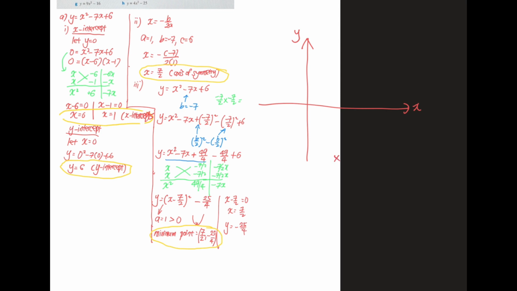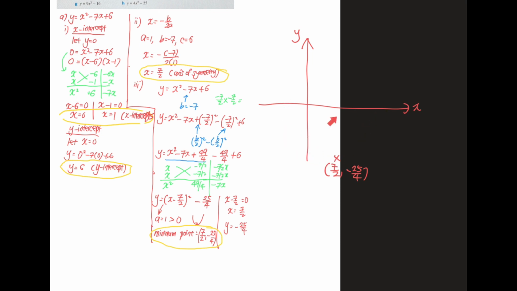So it is around here. Now let's mark it down as the minimum point, 7/2, negative 25/4. Okay, so it's a minimum point, so meaning that the graph is going to be like this, and then the graph is going to be like this.